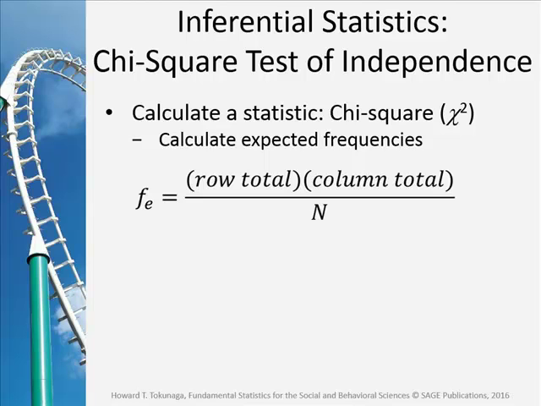All right. Here we go. You ready? So the whole row and column thing really matters. Our expected frequency is the row total times the column total divided by n.